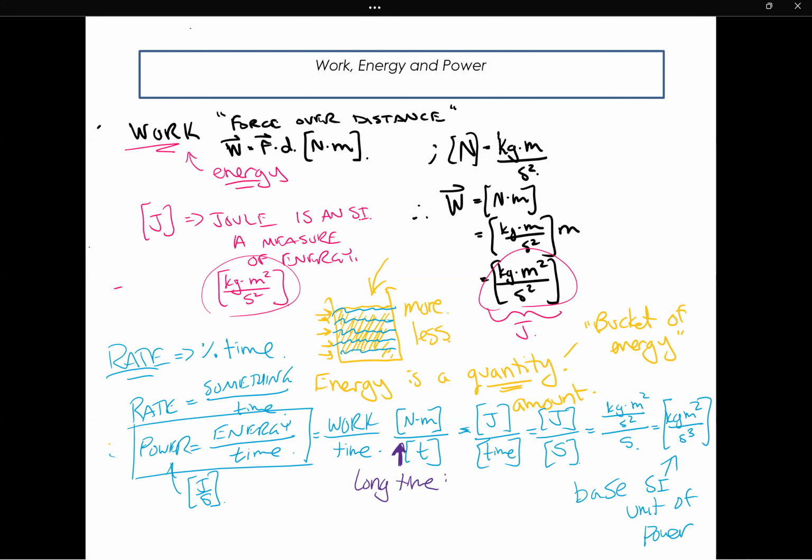then the denominator is larger and then the numerator, or power, is going to be small. Small power. If we filled this bucket really, really short, so we are quick to use the power, then that is very high power.